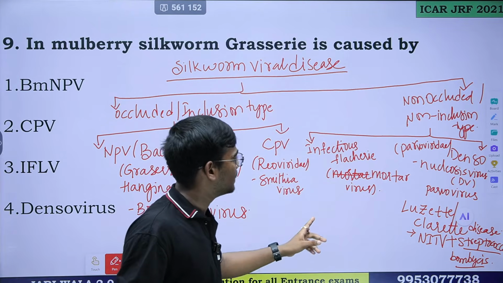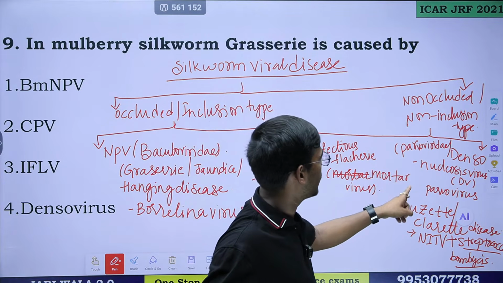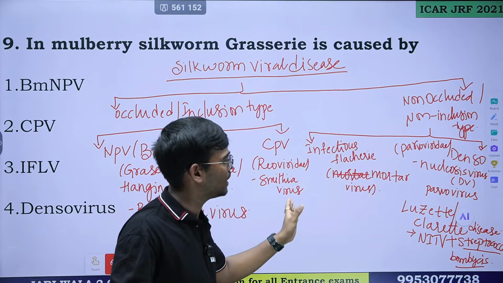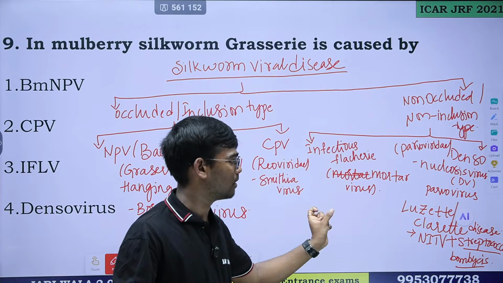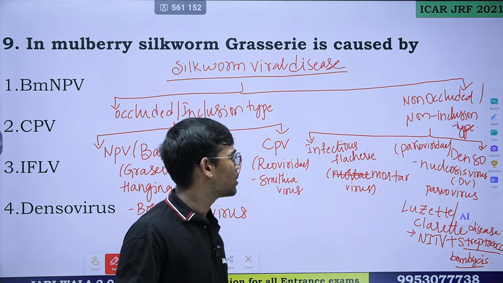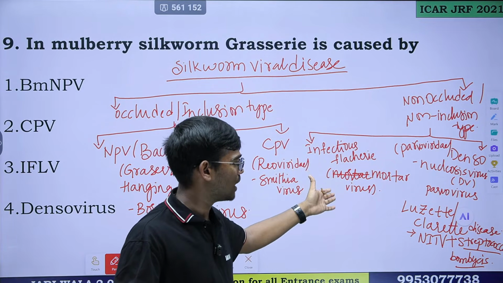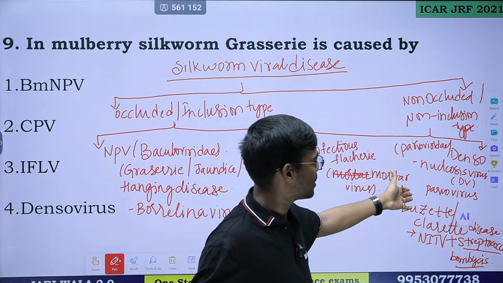Then the non-occluded or non-inclusion type is infectious Flecheri. The other one is densonucleosis virus, usually abbreviated as DV. Here the causal virus is parvovirus.